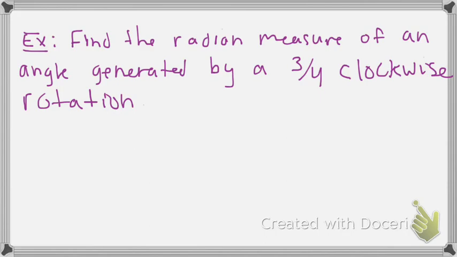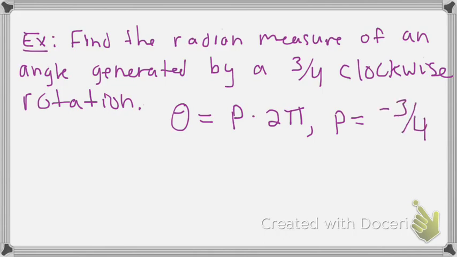The radian measure of an angle is that fraction of a rotation, p, times a full rotation, 2 pi. For us here, since the rotation is clockwise and we're going 3/4 of the way around, our fraction of the rotation is minus 3/4.